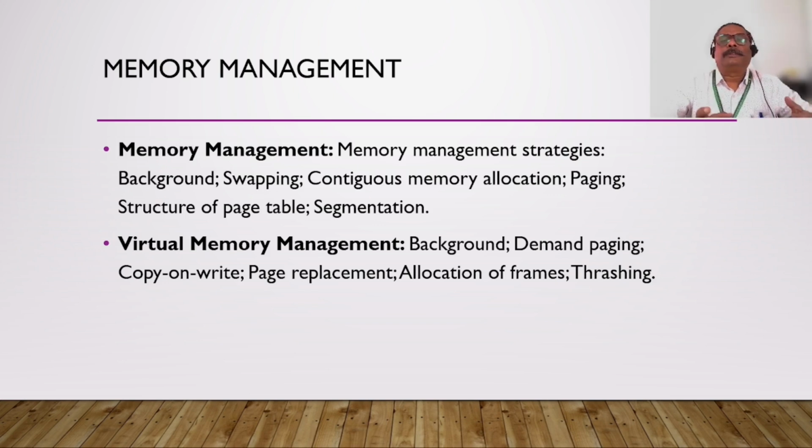So it appears that even though we are using a single page in the physical sense, virtually a 100-page process is being run. That is what we call virtual memory, and we look into various aspects of virtual memory, how demand paging works, and when a page is to be added to the system, we have to remove one page from the system, and then which page should be replaced.